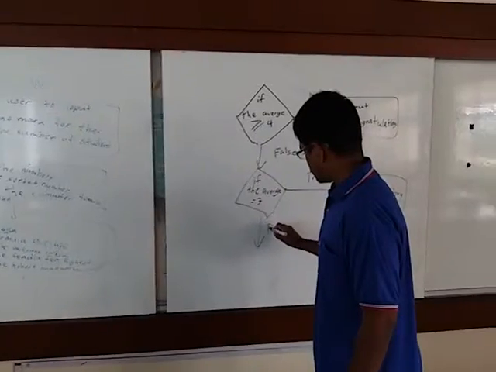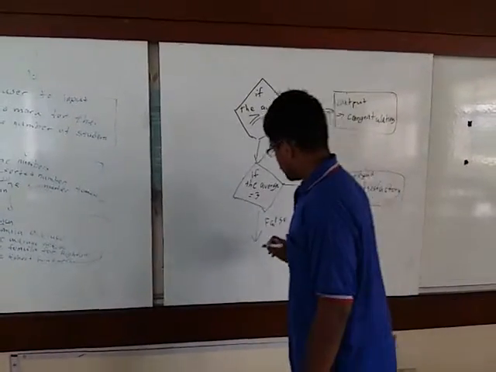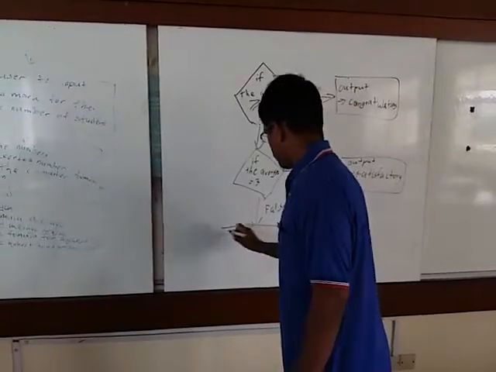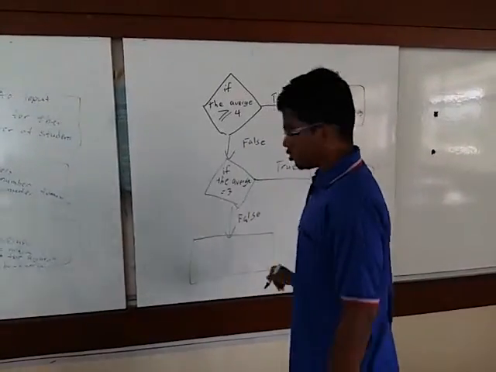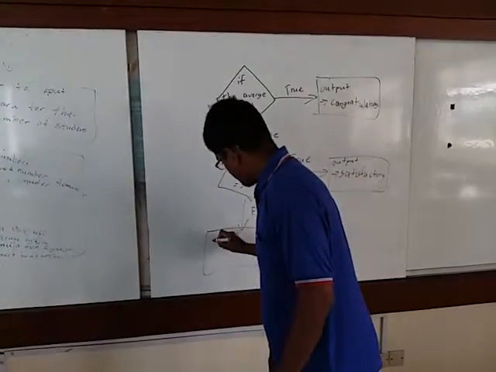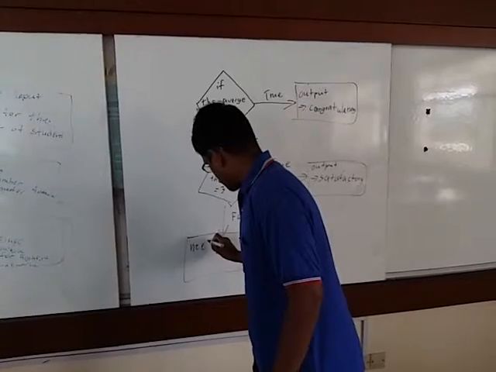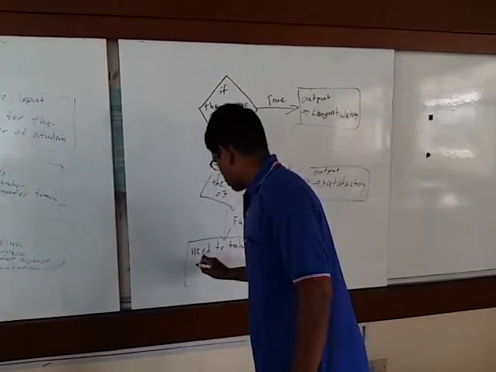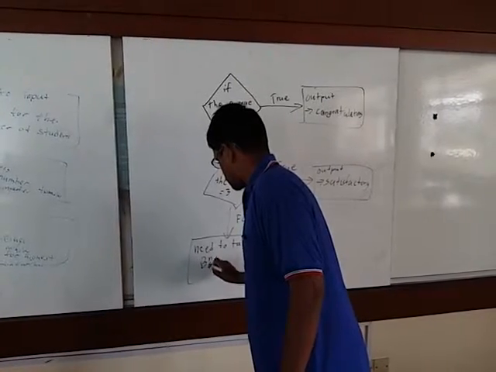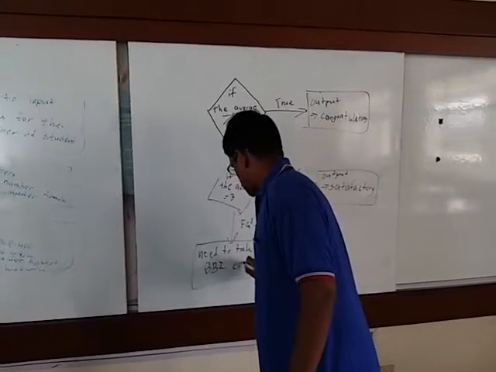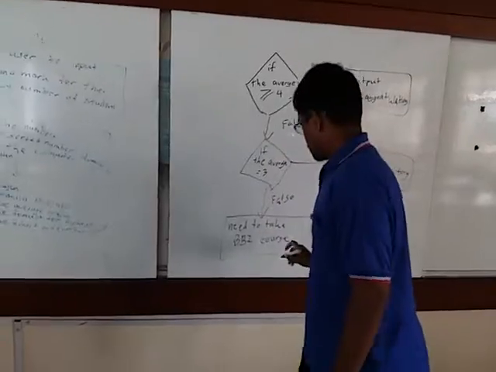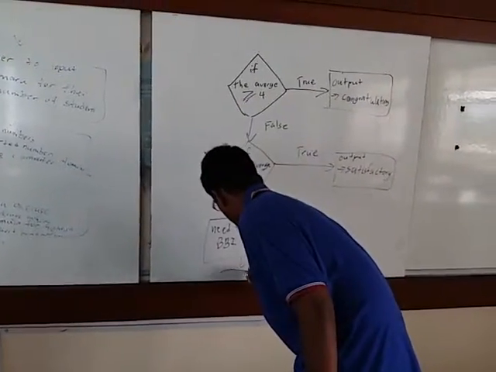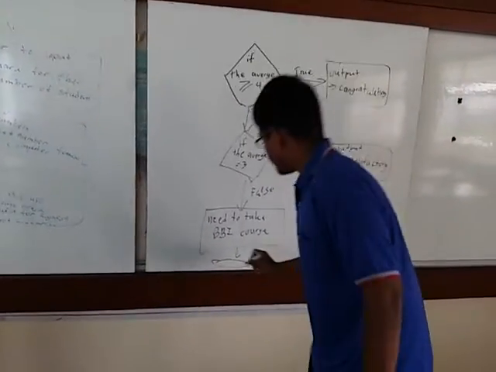And if it is false, which means it's lower than 3, which means it's 1 and 2, we'll print out need to take BBI course. And then the same processor, we end the program.